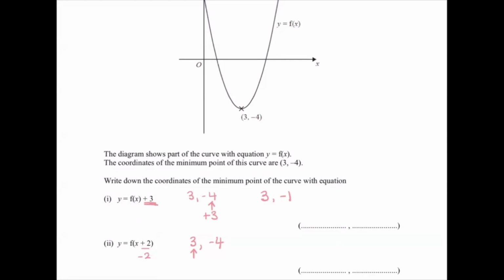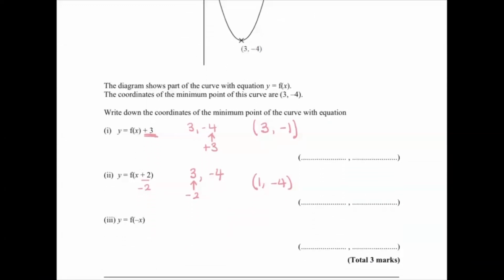So instead of going forward 2 places, I will be going back 2 places. And when I take off the 2, I will be at 1. So 1 minus 4 would be the coordinate of the minimum when a horizontal translation has taken place. I'm just going to put the brackets on that. Really important we keep our brackets.